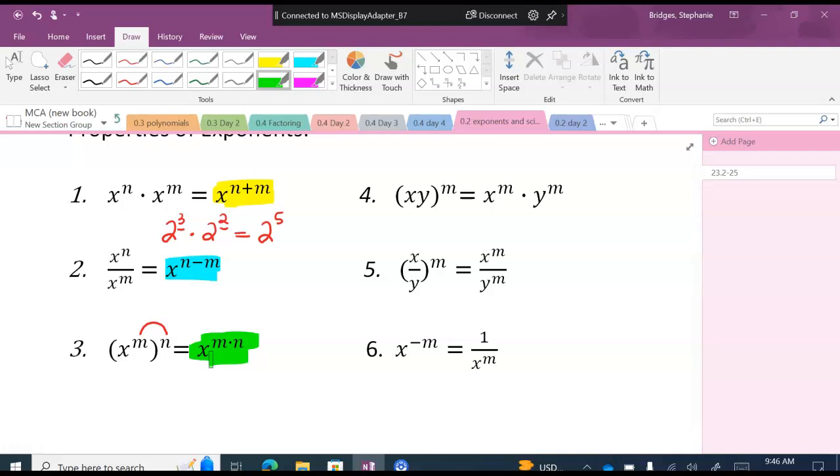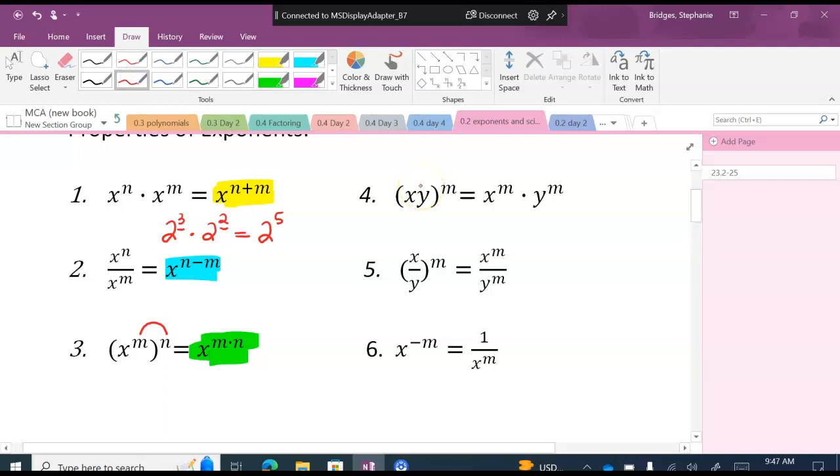All right, and then the fourth rule is very similar to the third, except this time in my parentheses, I have two things that are being multiplied, x and y. The rule says that the exponent on the outside of the parentheses is going to go to both pieces in the parentheses, to the x and to the y. Now, before I do that, inside my parentheses, what is the exponent on that x?